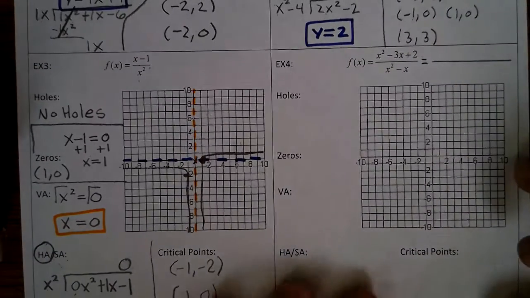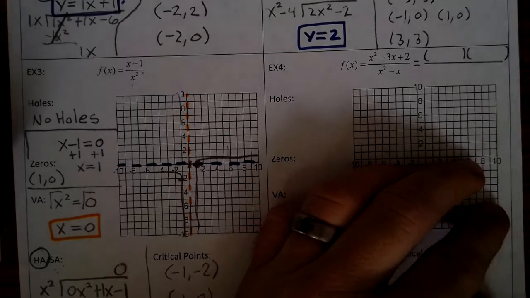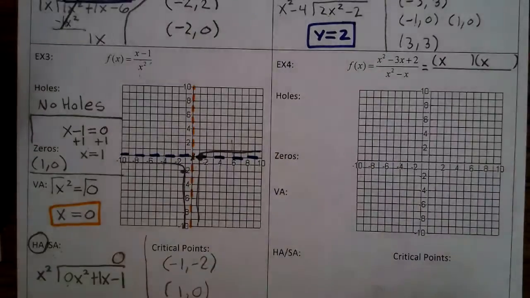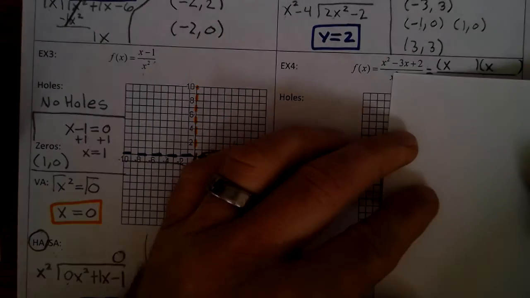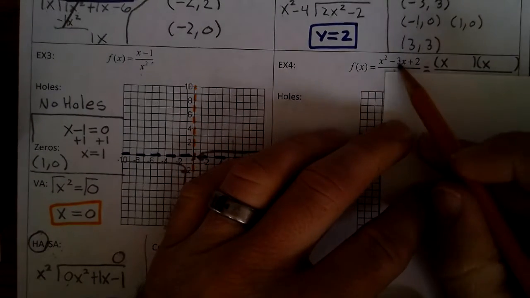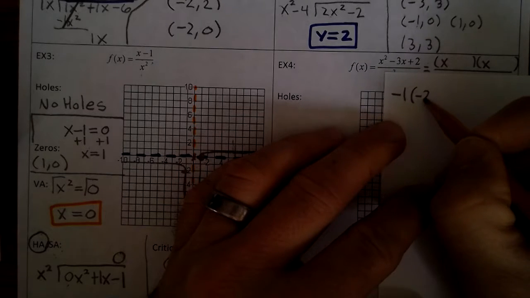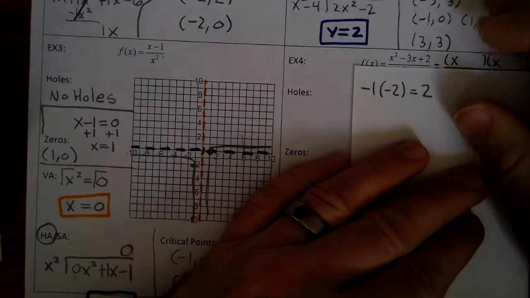Now we need to find all the combinations that make positive 2 combined to be -3. So let's try -1 and -2 becomes positive 2, and this paper's flying around. -1 minus 2 equals -3, so that's our combination. So x minus 1 and x minus 2.